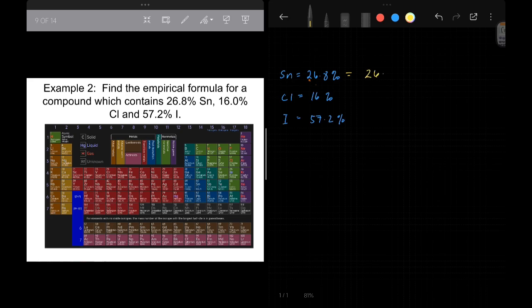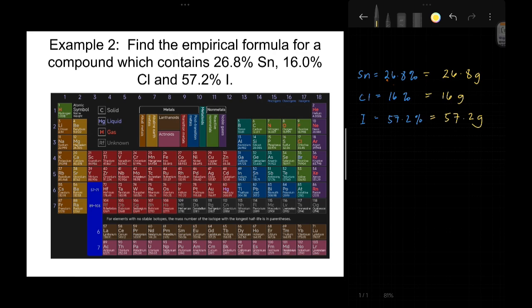We'll convert it to grams. So that will be 26.8 grams. And then we got 16 grams. And then we got 57.2 grams. We'll be looking here at the periodic table, those elements, and check their atomic mass unit. So first we got tin.